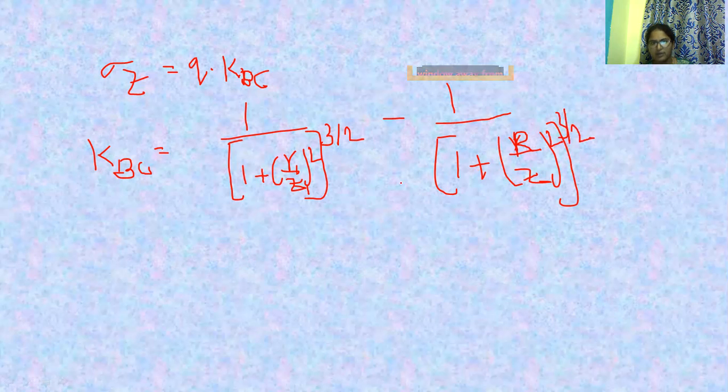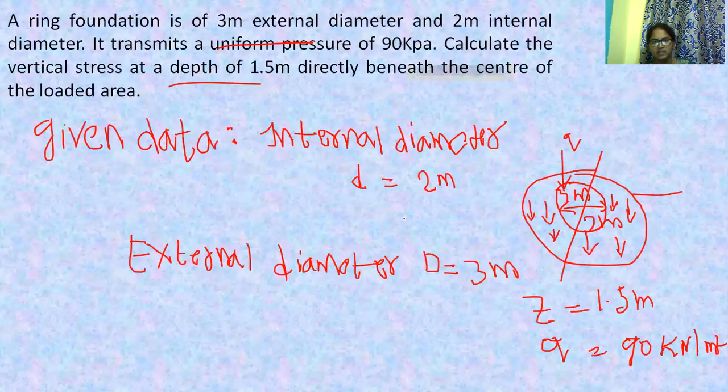But our formula is in terms of small r and capital R, while the problem gives diameters. How do we convert diameter to radius?